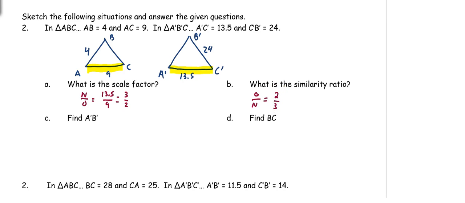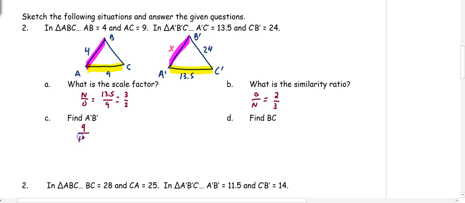In part C, we need to find AB. So we're going to call AB x, and we notice that the x side goes along with the AB side. When we're trying to find a side, we need to set up a proportion. So we're going to use the sides we already had, in triangle order though. I'm going to do the first triangle over the second triangle.